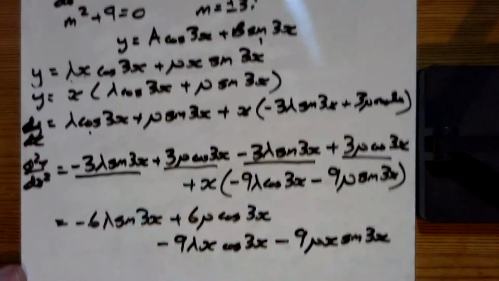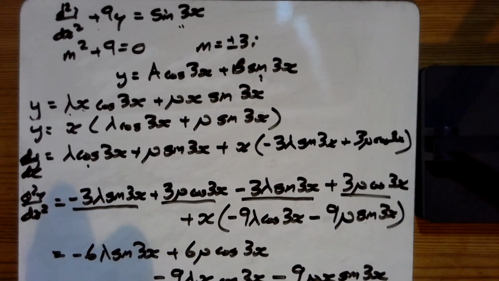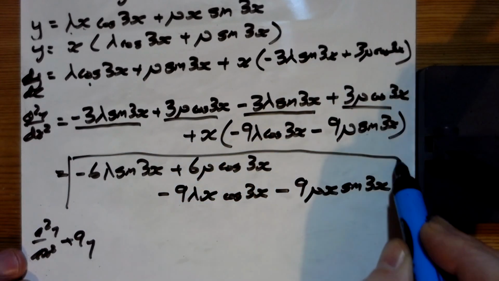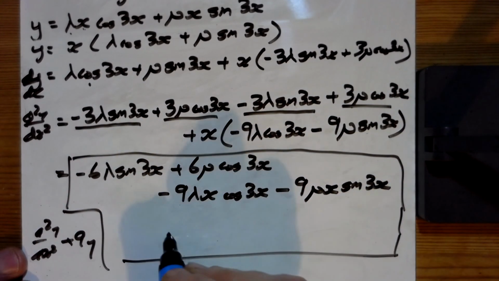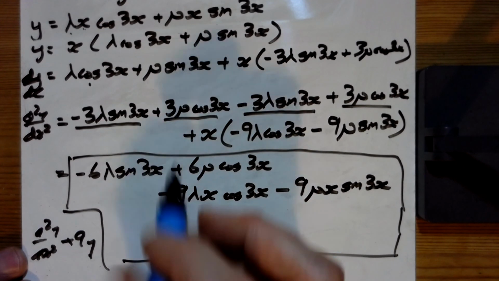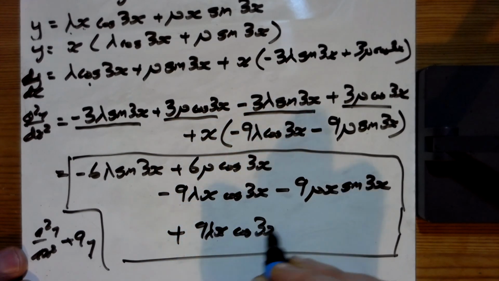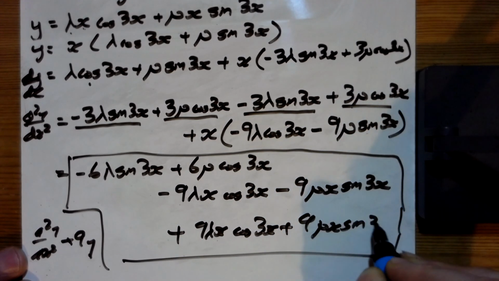Now what we're doing is we've got d2y by dx squared plus 9y. So that is all of that bit there, being very sloppy now because I don't want to do it wrong again, plus 9y. Now 9y is 9 lambda x cos 3x plus 9 mu x sine 3x.